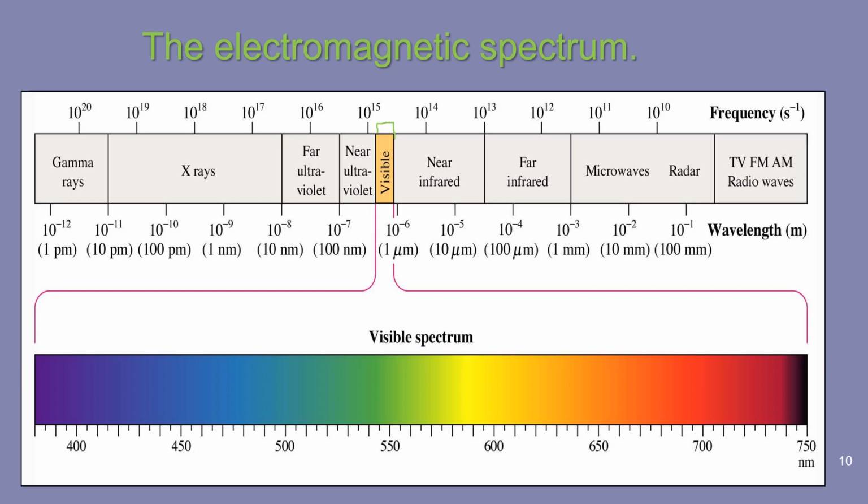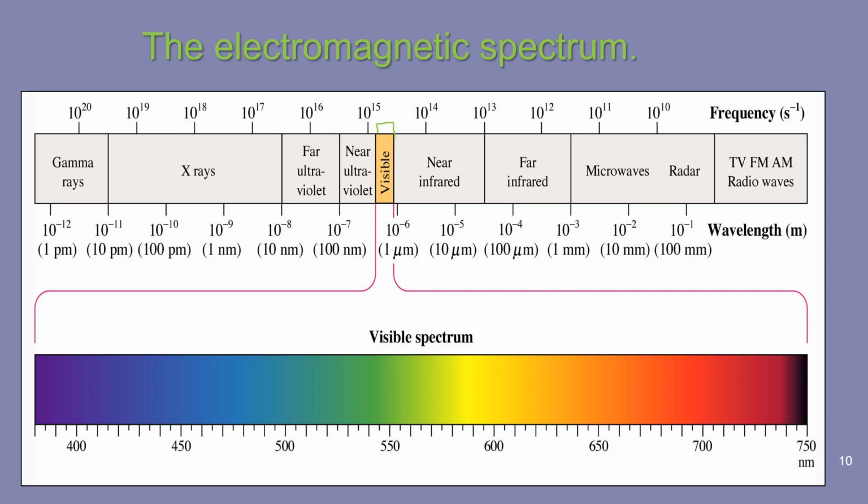The TV and radio waves are large wavelengths. Then we have 0.1, 0.01, 0.001, so we're in the millimeters, then the micrometers, the nanometers, and down here the picometers. You can see that the visible spectrum is about 400 to 800 nanometers.